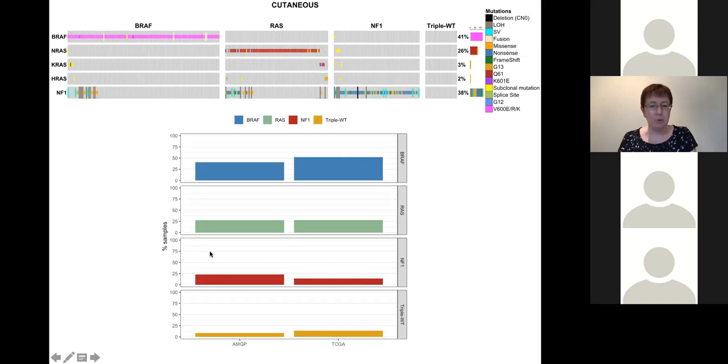If we compare the proportion of samples in these subtypes, ours versus the TCGA, the distribution is fairly even between them. We do see slightly more NF1 mutants, because as we have whole genome data, we're able to identify more structural rearrangement events in NF1.